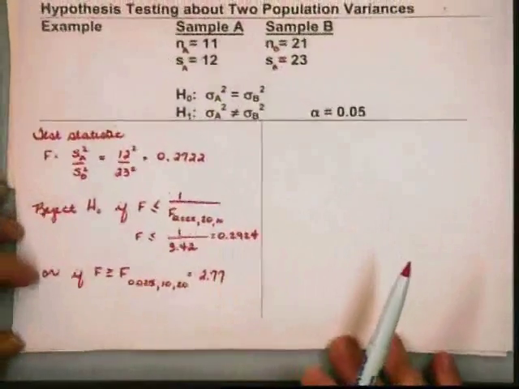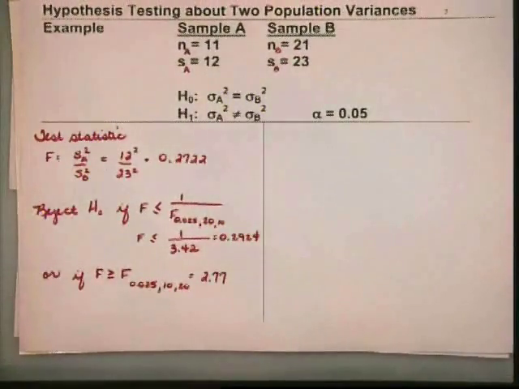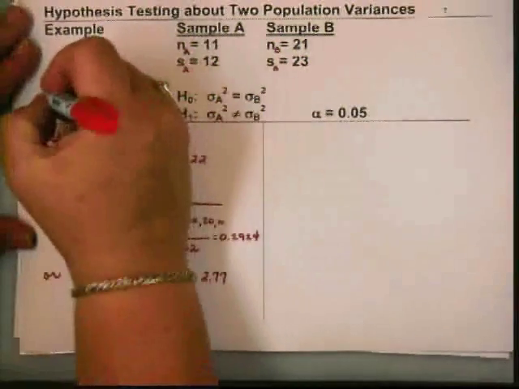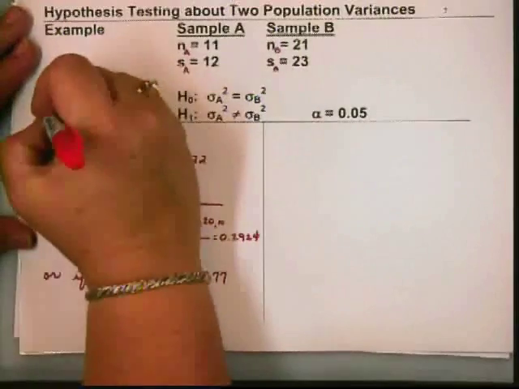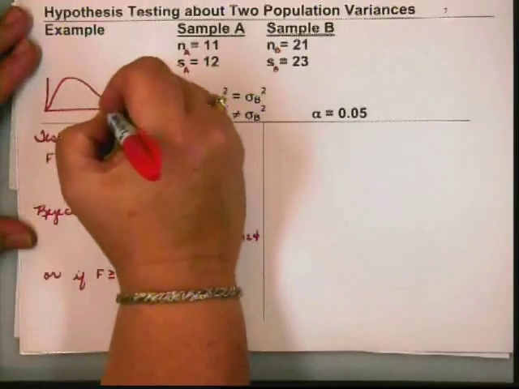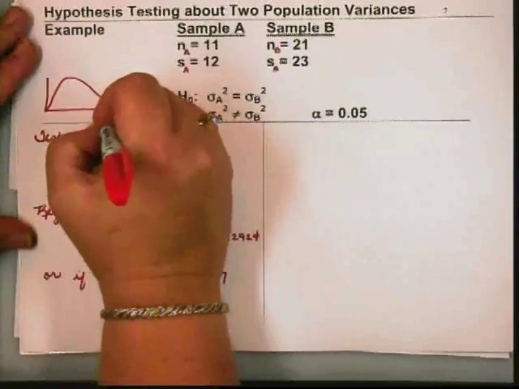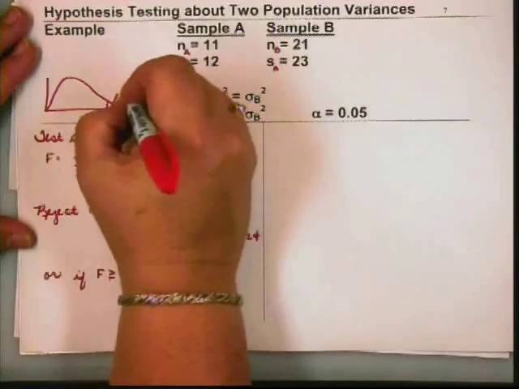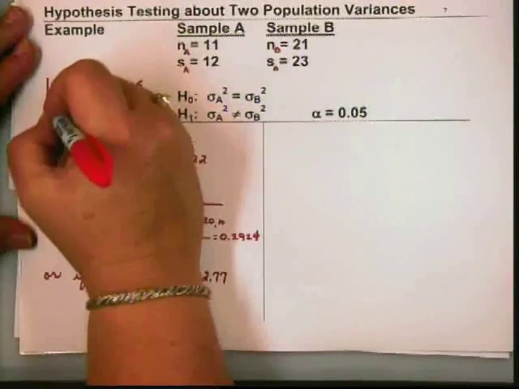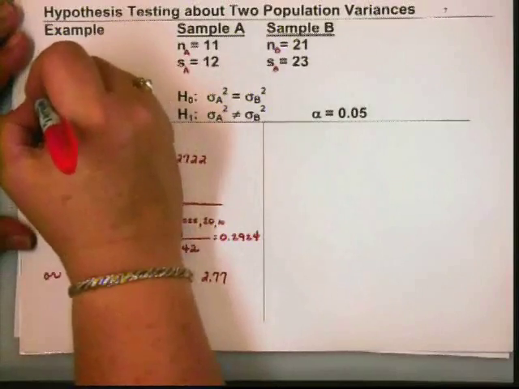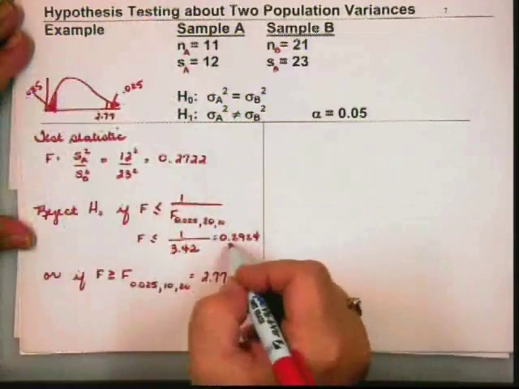So what's our decision? Populations A and B have the same or different variances. So on this side, if we were to draw our picture for our rejection region, we have 2.77 over here that determines this area 0.025. Over here, this area 0.025 is determined by 0.2924.